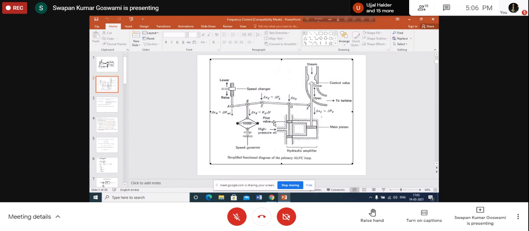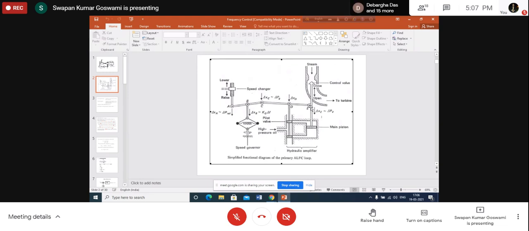If the generator speed becomes above synchronous, the fly balls will move at a speed above synchronous, there will be more tension on the fly balls, and as a result B will come down. That means a positive movement of B is created by the change in frequency or speed. Since we want to represent it in terms of frequency, we write K1 times delta F.